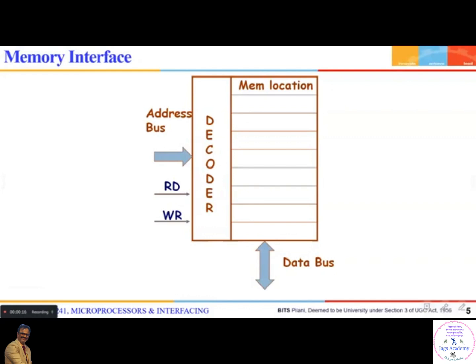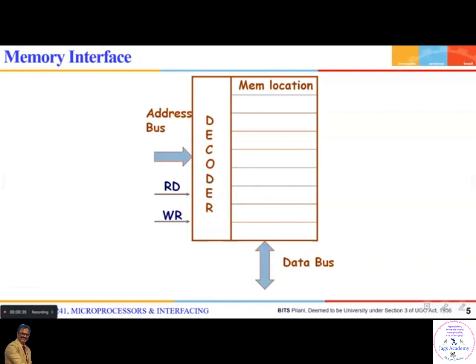Yesterday I told you about memory, right? This memory will come in different sizes, like 1 kilobyte, 2 kilobytes, 4 kilobytes, 16 kilobytes.